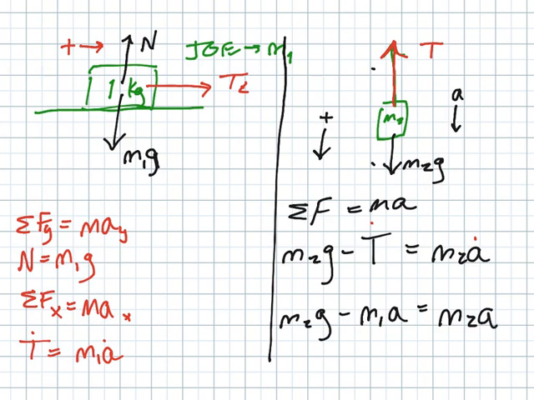Yes, this is getting a bit more abstract as we proceed through the year. Oh, yikes, we're really in the realm of algebra now. If I want to solve for A, I need to get all the terms with an A on one side. So how about we add M1A to both sides?